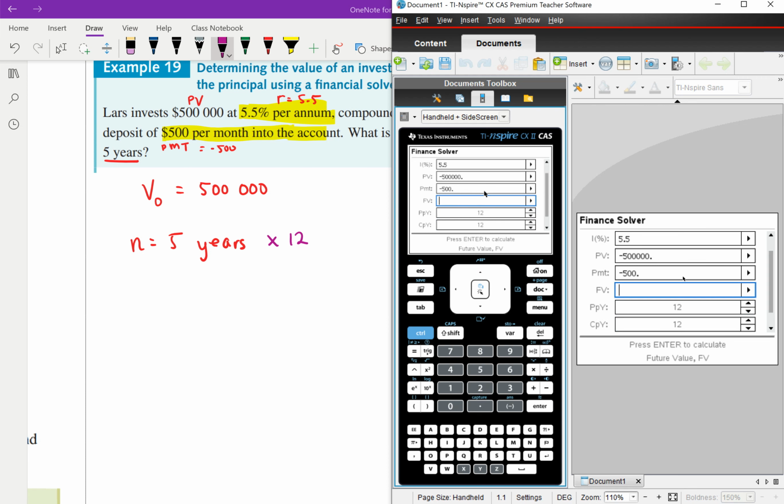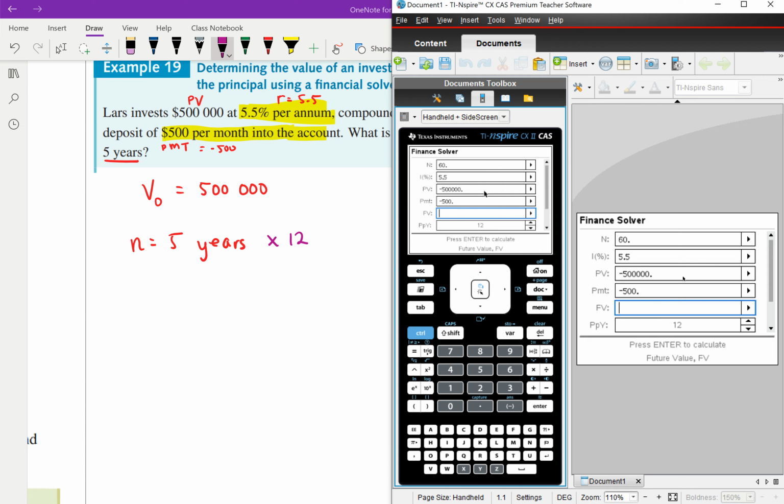So this predicts after 60 payments, that's what the N tells us. After 60 payments, how much would that be if we follow this process where I put in $500, PPY being 12 payments a year for 5 years, which means 60 payments overall?